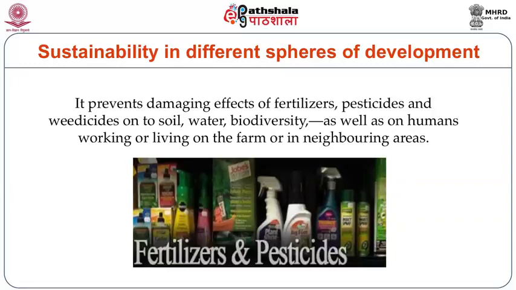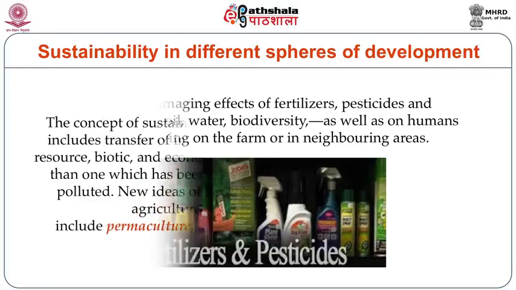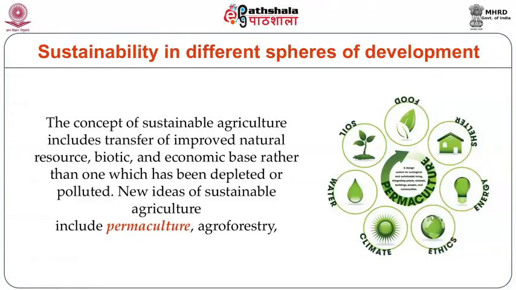It prevents damaging effects of fertilizers, pesticides and weedicides on soil, water, biodiversity, as well as on humans working or living on the farm or in neighboring areas. The concept of sustainable agriculture includes transfer of improved natural resources, biotic and economic base, rather than one which has been depleted or polluted.